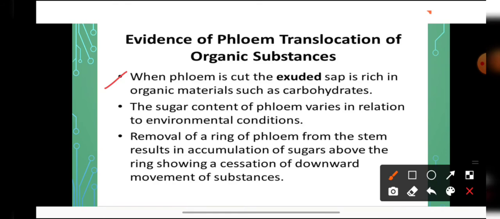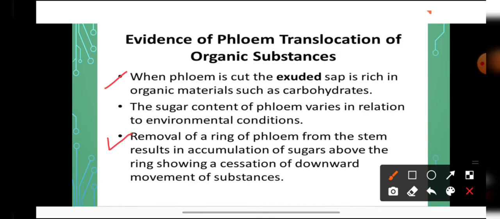What does it mean? It means that carbohydrates are moving through the phloem. The sugar content of the phloem varies in relation to the environmental conditions. And one of the most important experimental evidences which proves that it is the phloem through which the translocation is taking place is the ringing or girdling experiment.